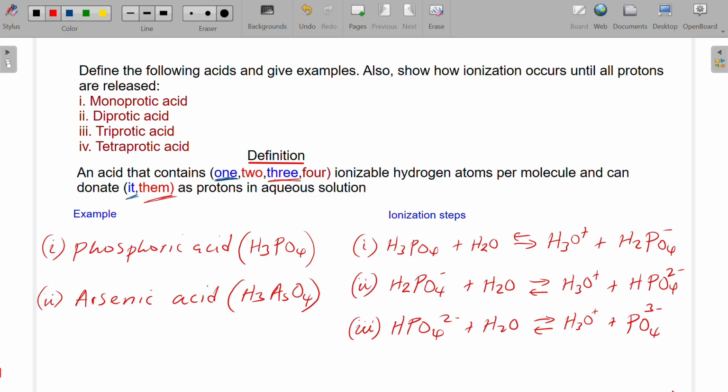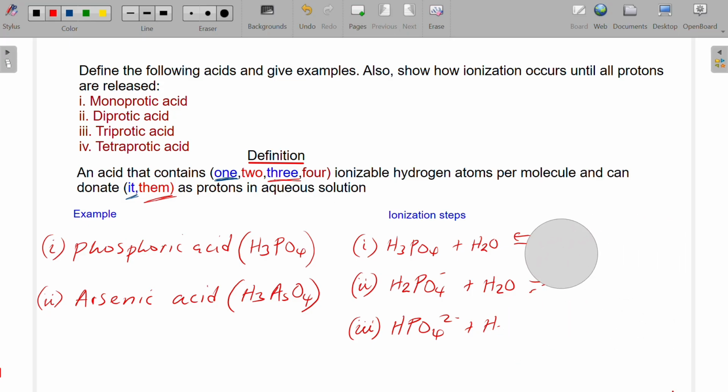The charge now becomes a 3-. So this is what we have as the steps for a triprotic acid, like that. Given examples, the definition and ionization steps. So let's go to the last one, which is a tetra.